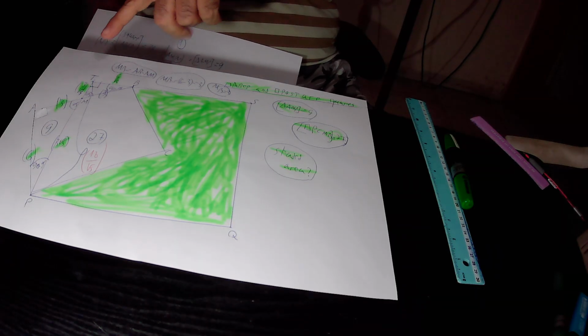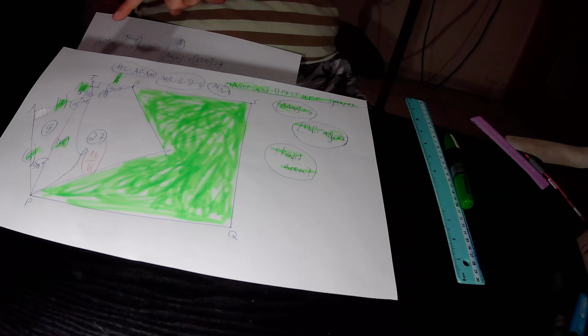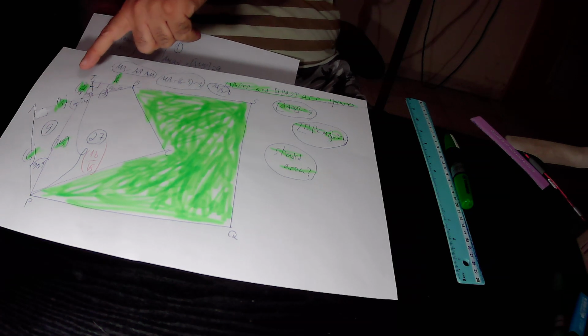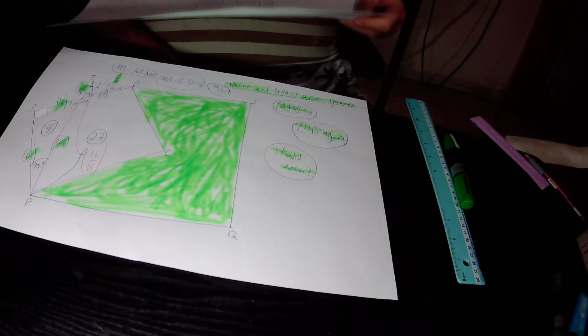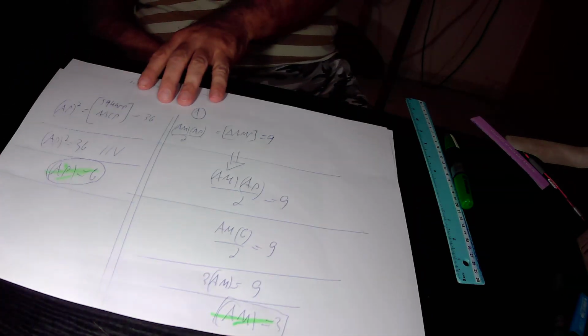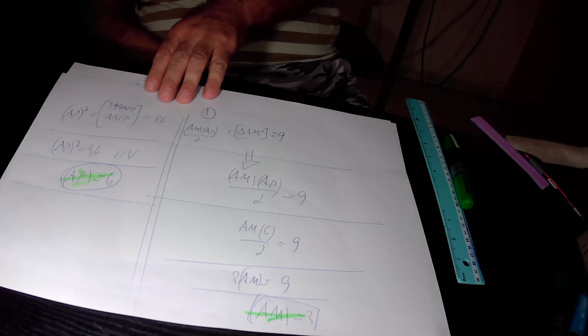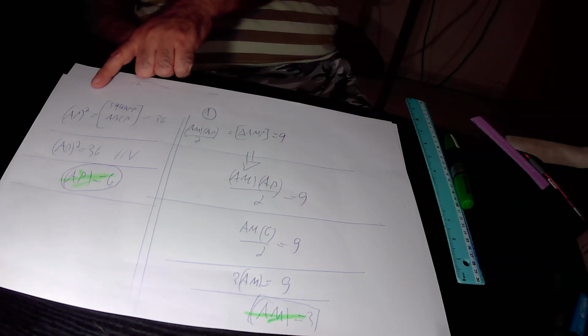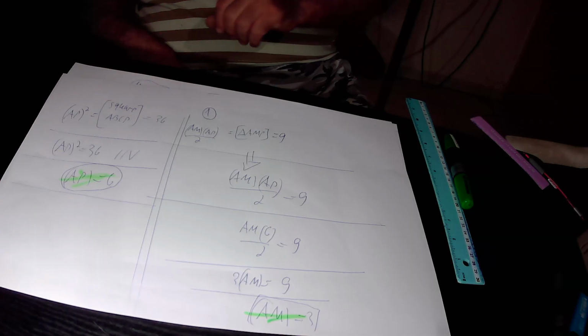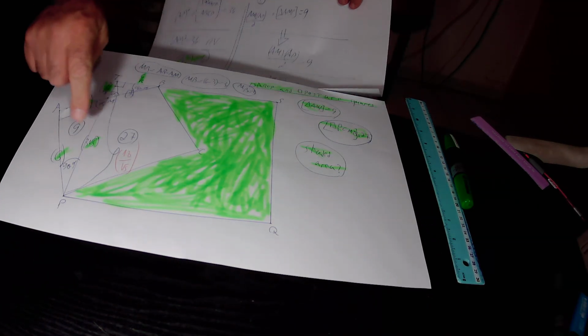Therefore the area of this square ABCP will be equal to the length of side AP squared. So from one side, the area of the small square ABCP is equal to 36 square units in size, but from the other side, it is also equal to AP squared.